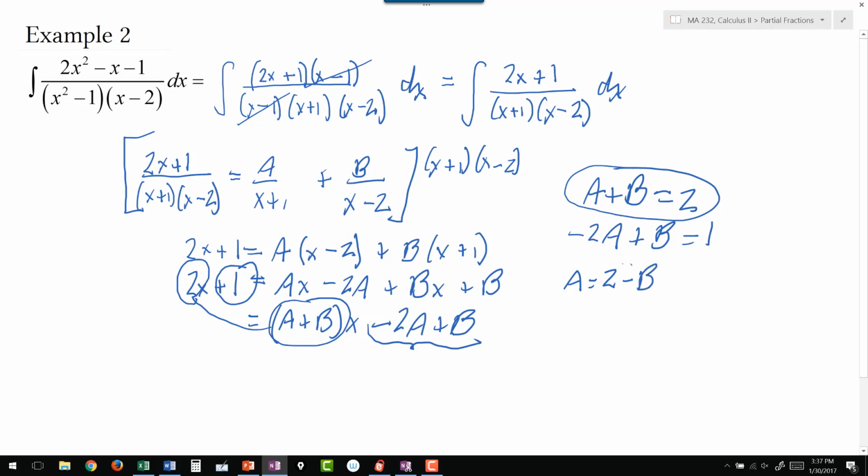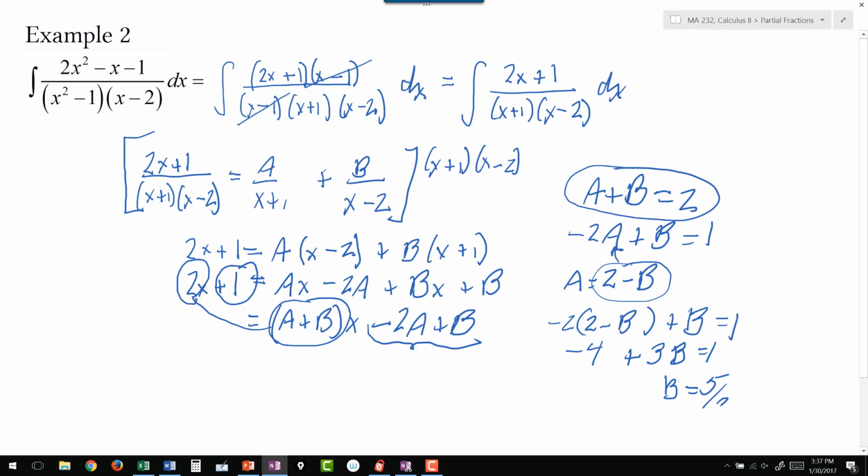And if a is equal to 2 minus b, I can plug that into the second equation to get minus 2 times (2 minus b) plus b is equal to 1, and that means minus 4 plus 3b is equal to 1. So b is going to be equal to 5/3.